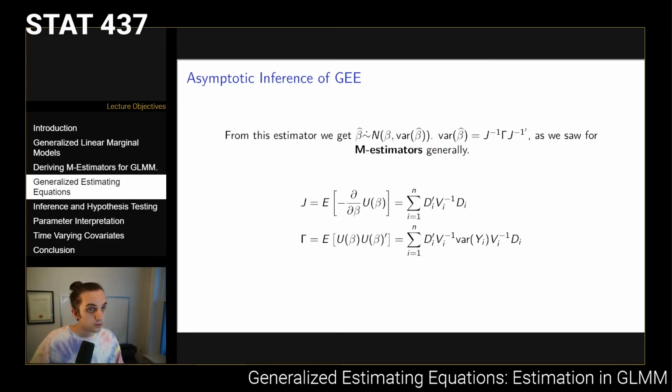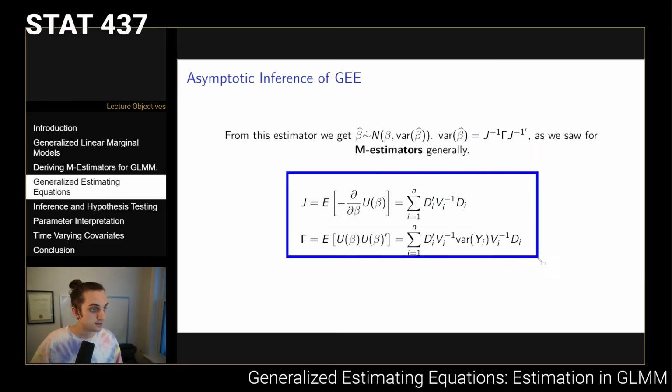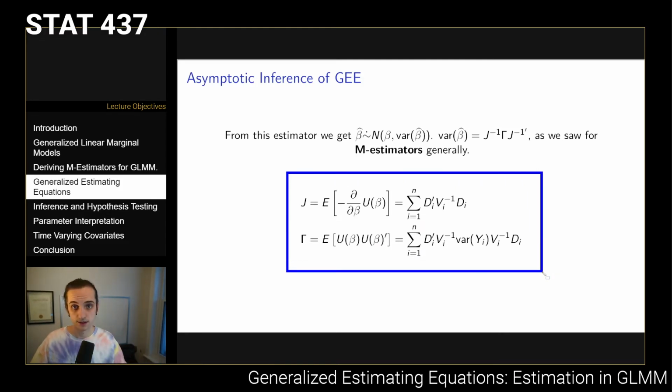And so we can find that these take on a particular form, right? This form is coming from the A matrix, which we said was the expected value of the negative derivative of our estimating function. And this is going to work out to be the sum of D_i transpose V_i inverse D_i. And then this gamma is going to be the variance of our estimating equation, which in this case takes on this form of D_i transpose V_i inverse times the variance of Y_i times V_i inverse times D_i.